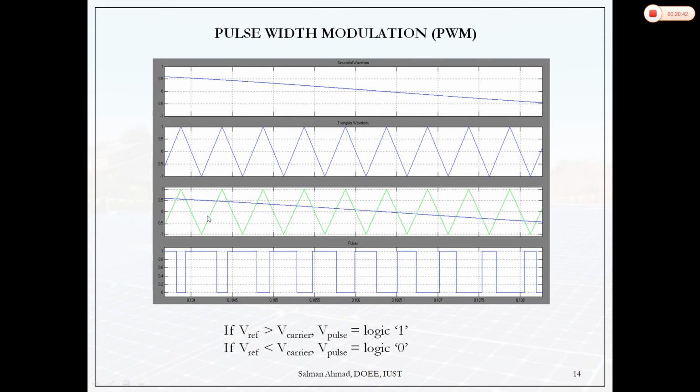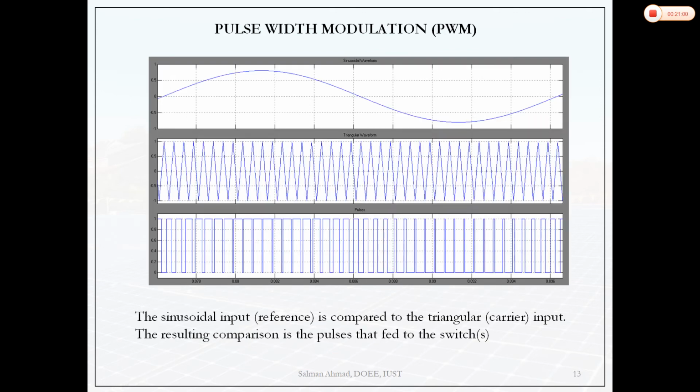Based on this we can generate the pulses that are applied to the switching devices in the H-bridge inverter. This is logic 1, this is logic 0, and based on that we can design the pulse width modulation. You can observe that the pulses in the middle will have more width in comparison to the pulses at the initial part.